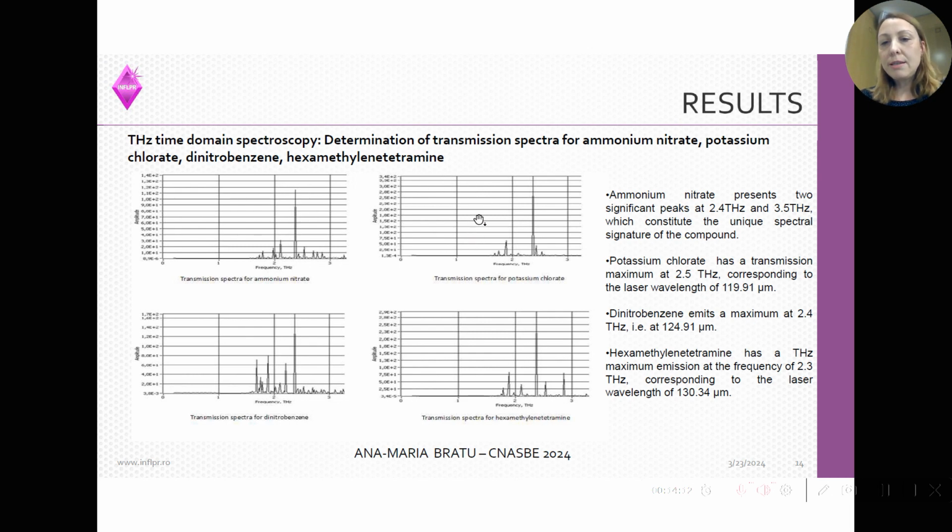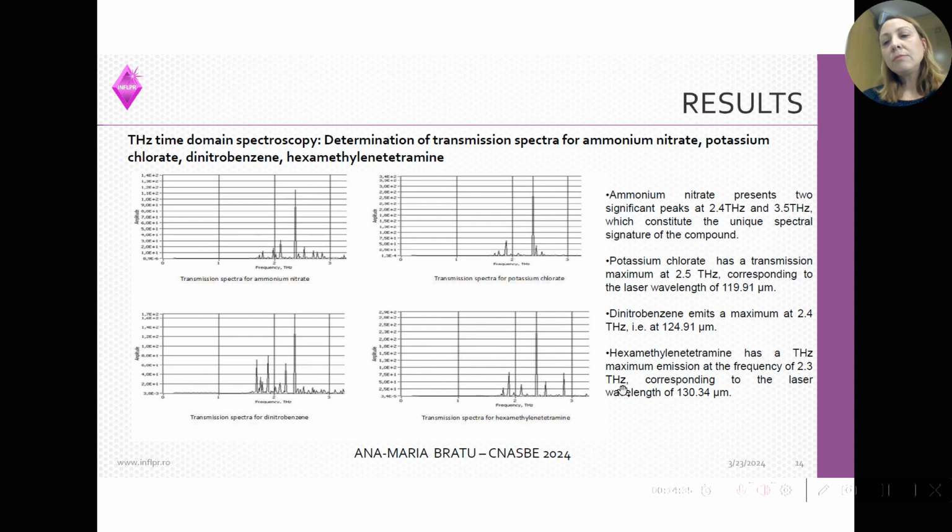Potassium chloride has a transmission spectrum at 2.5 terahertz. Nitrobenzene has a maximum at 2.4 terahertz, and hexamethylene tetramine has a maximum at 2.3 terahertz.